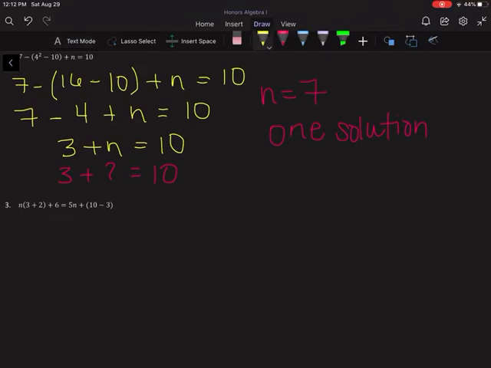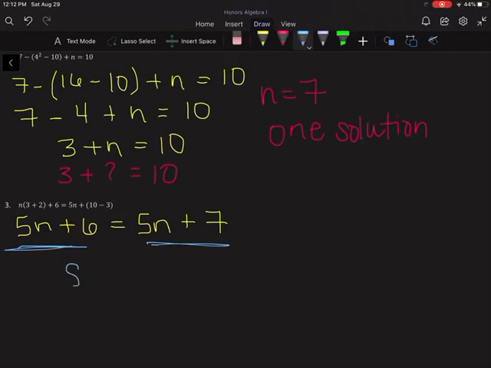All right. So we got stuff on the left and stuff on the right. I'm going to go ahead and evaluate everything here on the left. 5 times n plus 6. And then on the right, we have 5n plus 7. So in this case, are these two sides the same?